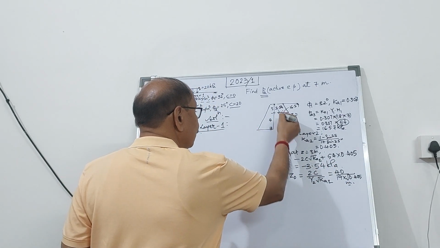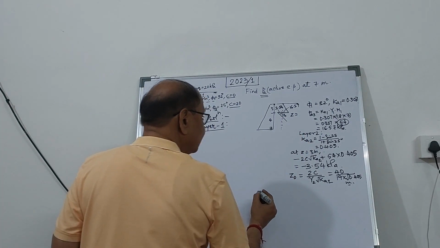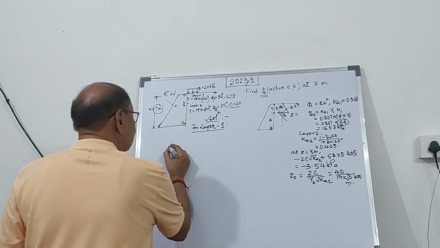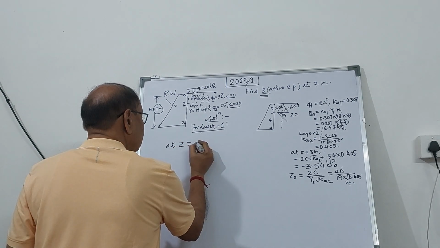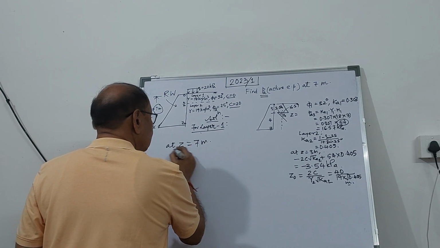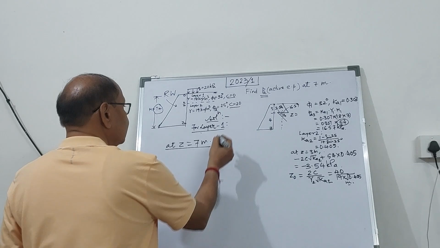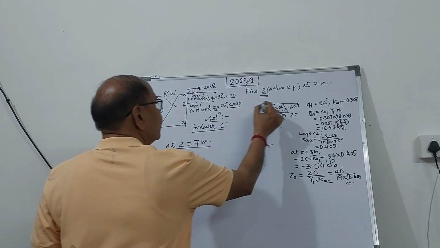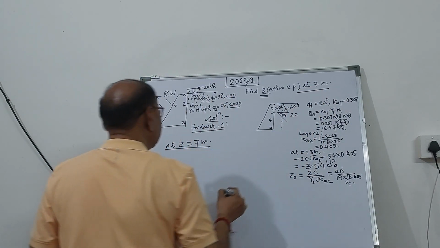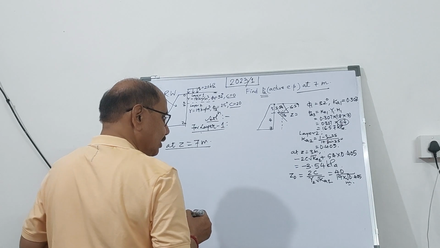And if you go further at 7 meter, so at Z equal to 7 meter, which is what the question asks, what will be PA at 7 meter?